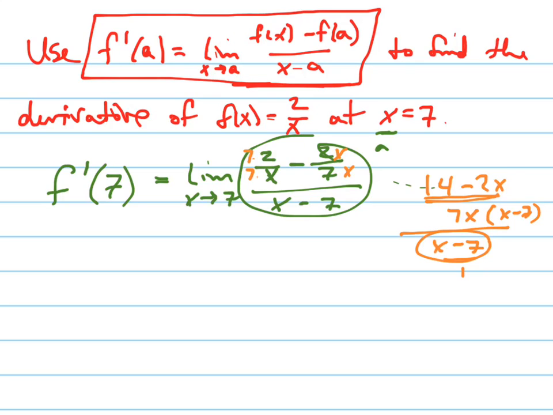And then this up here is really, I'm going to factor out a negative 2, because then I'll get x minus 7. You see what happens? So this really equals the limit as x goes to 7 of negative 2 over 7x.